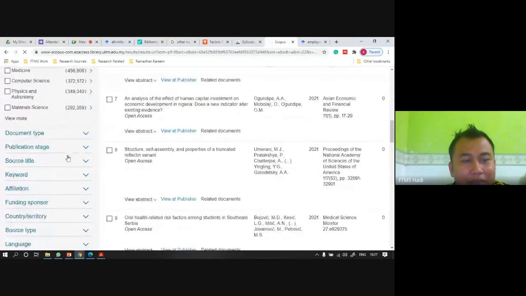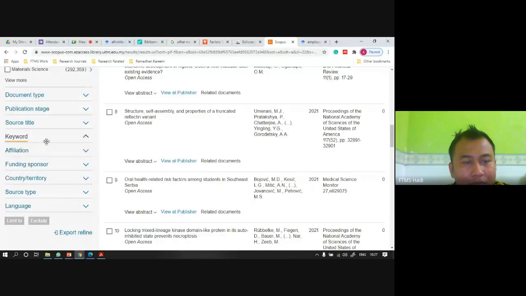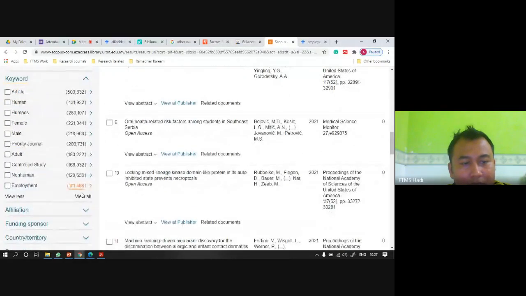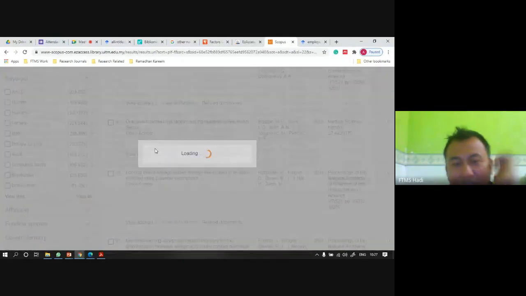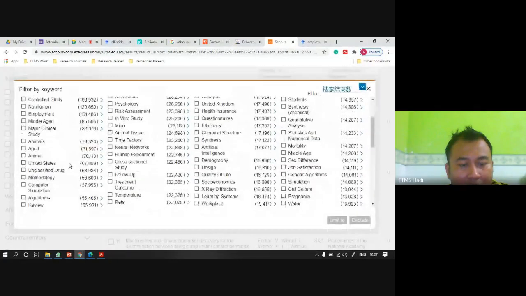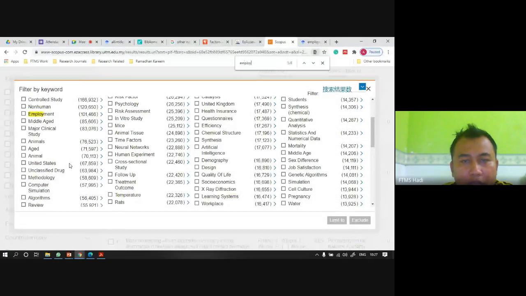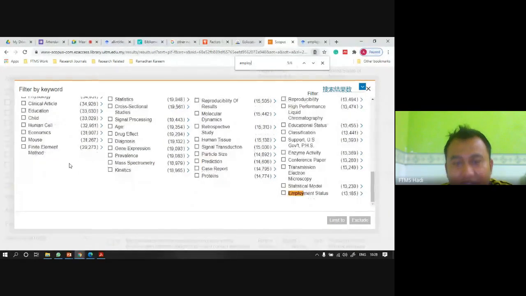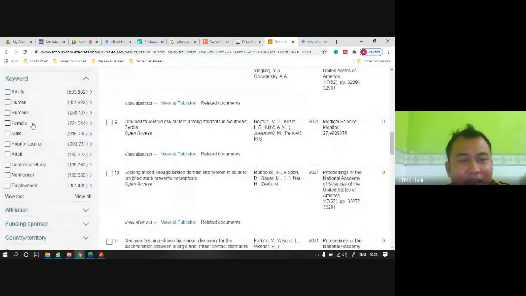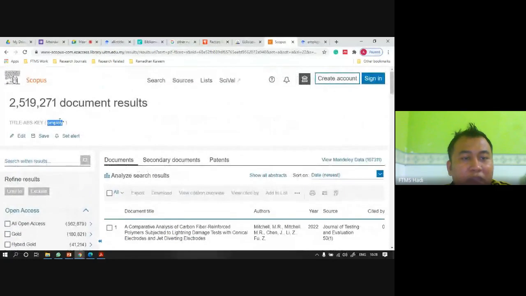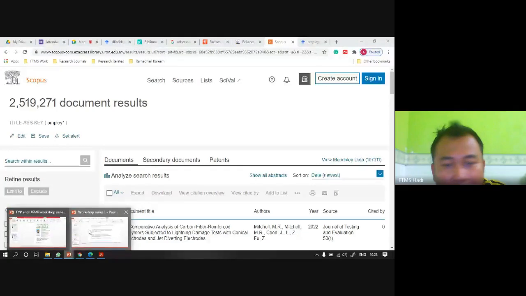Have a look: employment, employee, employer. Whatever has an asterisk, that means they will extend the search, which gives 2.5 million, unless you specify employment or employee and so on. So that is how truncation and wildcard work.